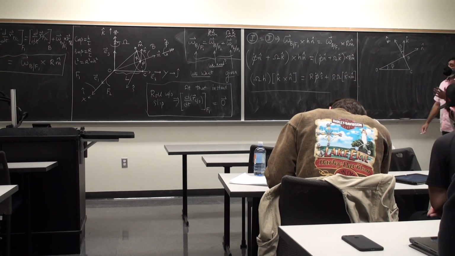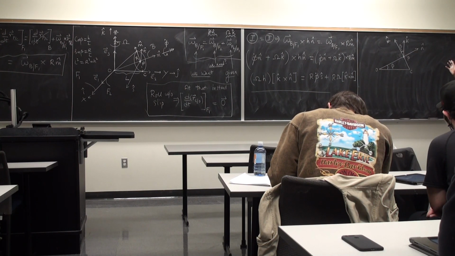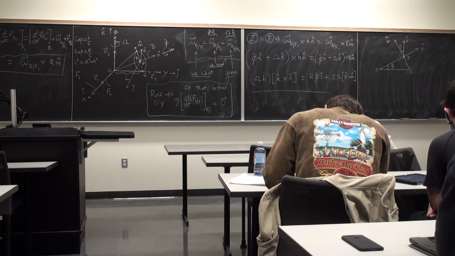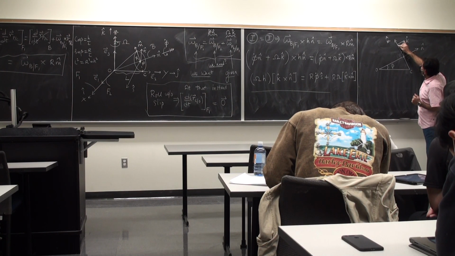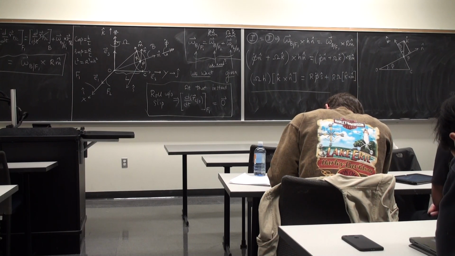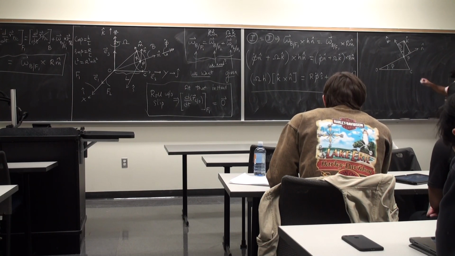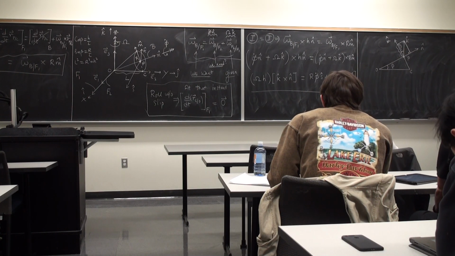It makes more sense to go from k hat to the m and n system because there is only one transformation I need to do. Okay? So if I look at this, I just drop a perpendicular here, a perpendicular there, which means I'm looking at the projection of these. Projection is nothing but the magnitude of the vector multiplied by the cosine of the angle between the two directions.